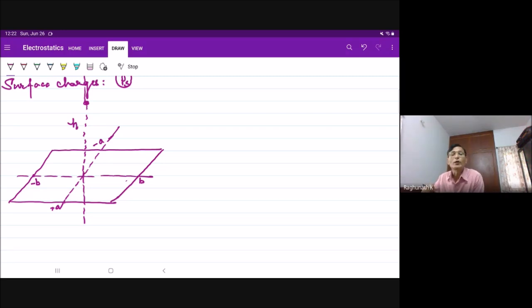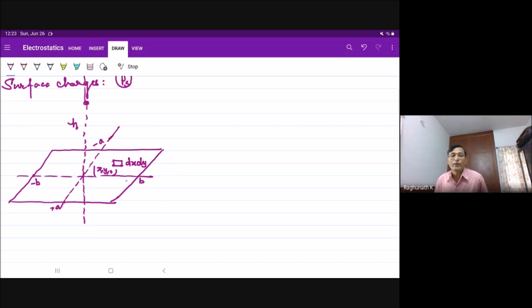Now what is it that I have to do? I have to divide this surface into infinitely many infinitesimally small differential surface elements in this particular plane. That differential surface element is at any x, y, 0, dx dy.